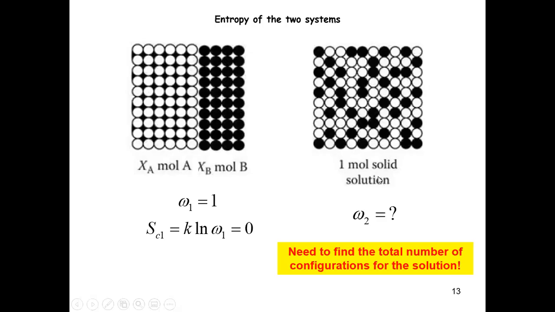Does that make sense to everyone? This is where we're going to start from. It might be 60 over 40, but in general let's just consider these as numbers that we can specify later. Just say we have XA mole of A and XB mole of B.